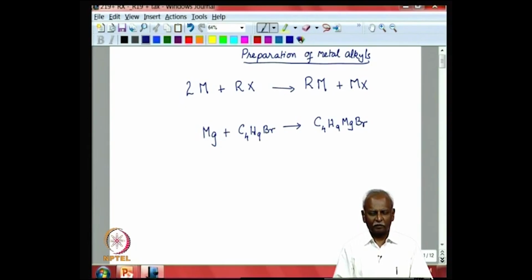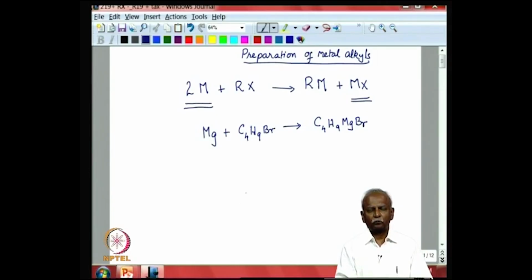The most easy method is to use an organic halide, as I have pictured here, and react it with a metal atom, any metal atom which is reasonably reactive. By reactive, I mean it has to be electropositive enough, so that the MX which is formed has got a very stable bond, and the formation of MX actually drives this reaction from the left side to the right side.